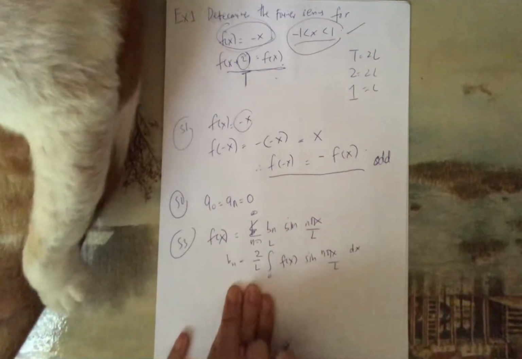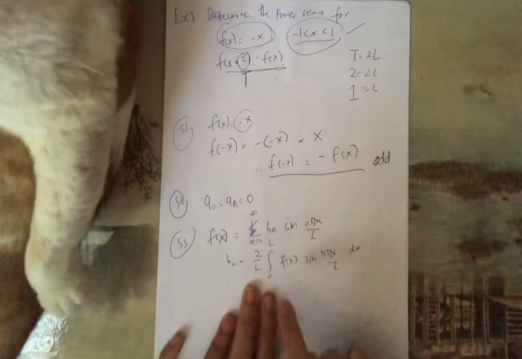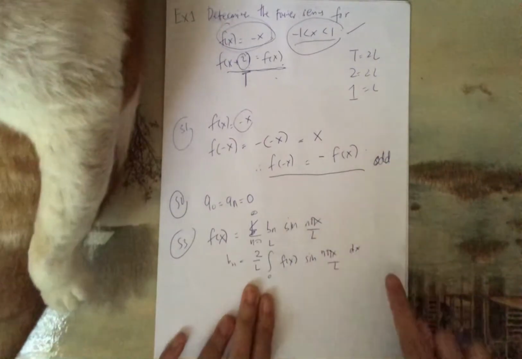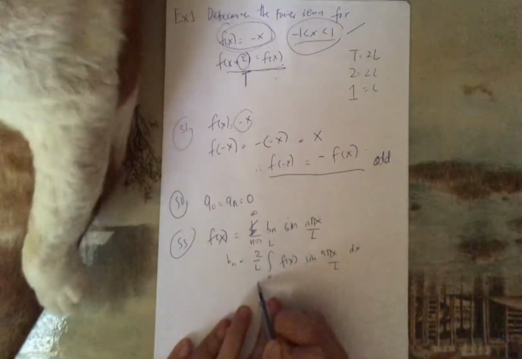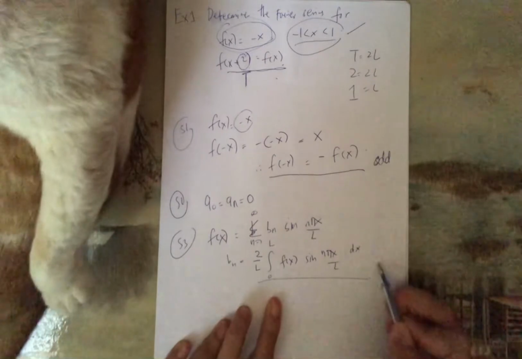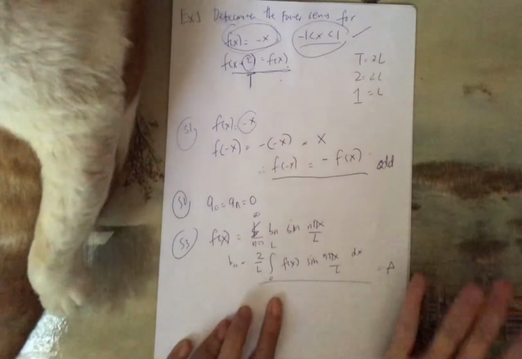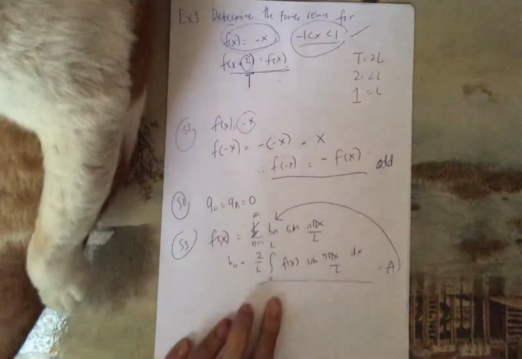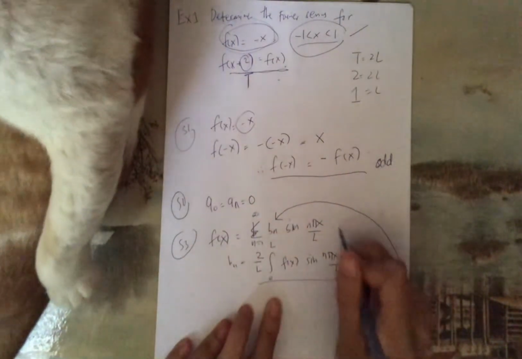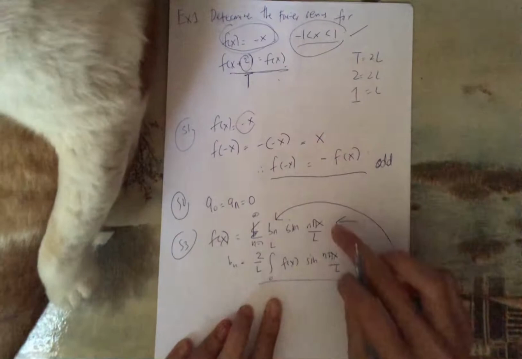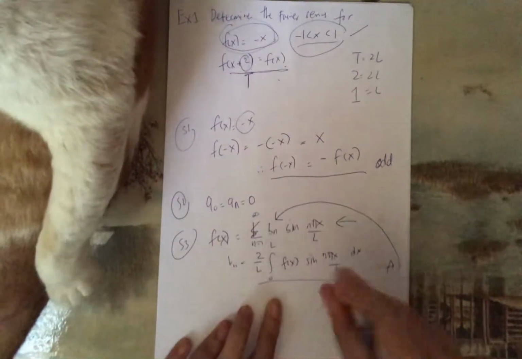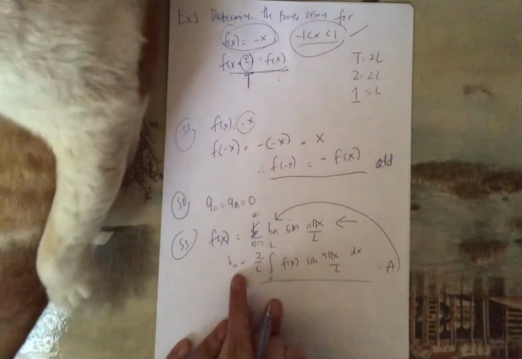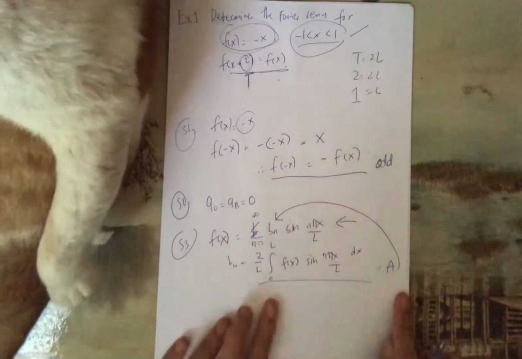I repeat again, b n is equal to 2 over L integral from 0 to L of f(x) sine n pi x over L dx. So you need to solve this b n first. After you get a value, for example a, what we do next is you need to replace it here. So this is your final answer. To get this final answer, you need to solve your b n first.